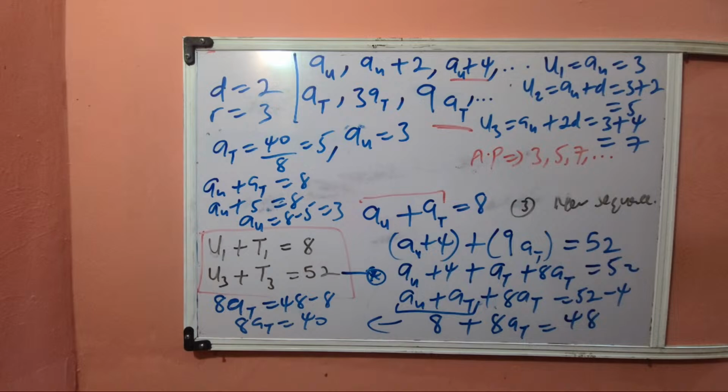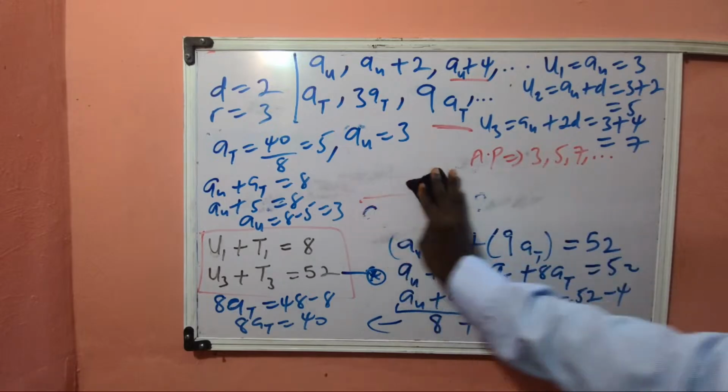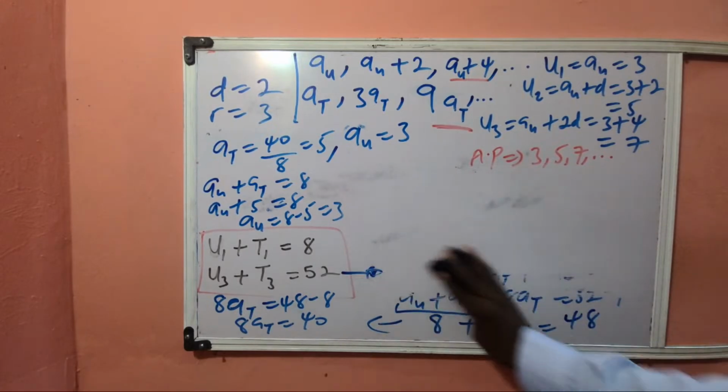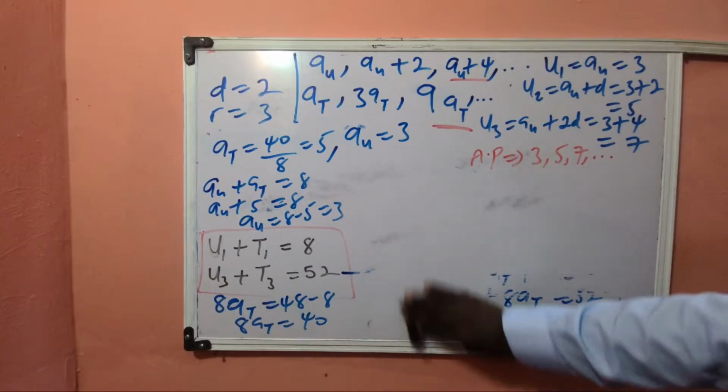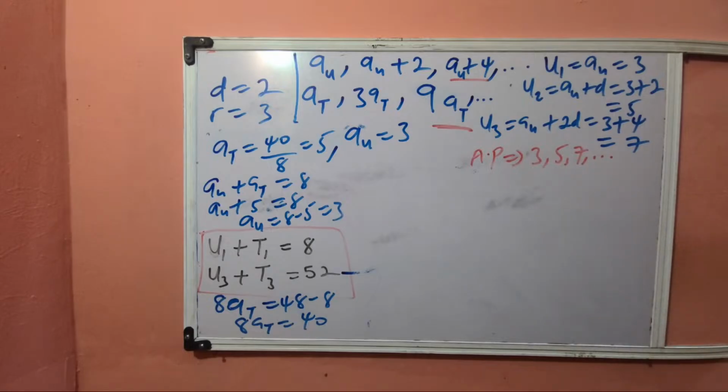It's important to get the GP in this particular question. Don't forget, the last question is supposed to be for us to solve for the new sequence. So for the GP, I've gotten my first term to be 5, which was the AT. My AT, this is it right here.